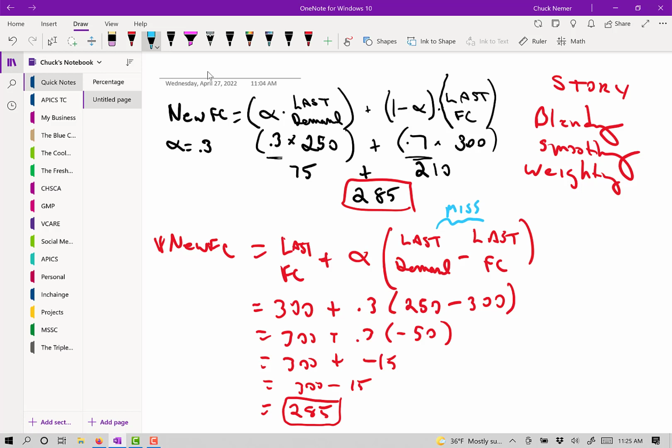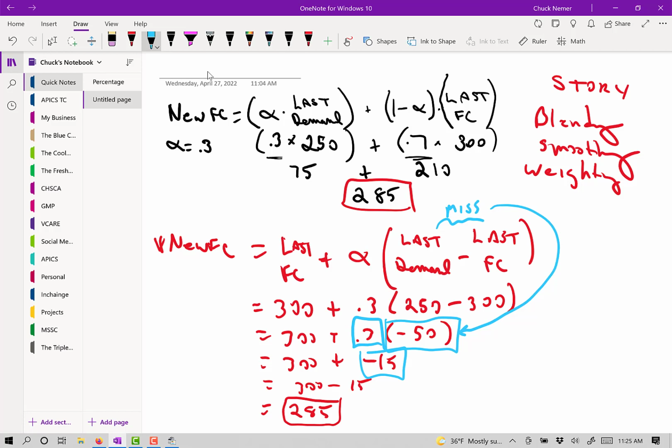And so if we work down to here, we see we missed by 50. We came up 50 short. And so we adjusted by 30% of how much we missed. So if you look at the same formula but in red, the new forecast is equal to the old forecast adjusted by some percentage of how much we missed. And so it ended up being down by 15.